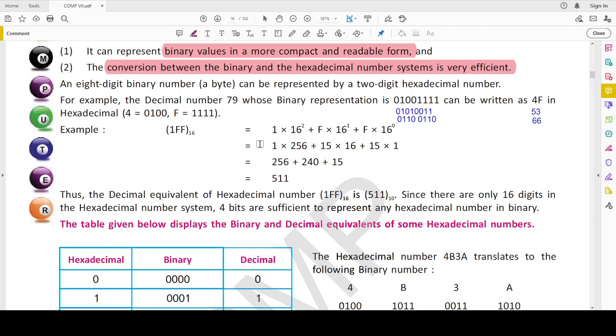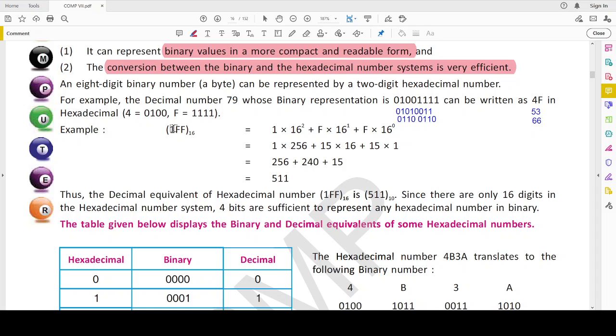Take 1FF, that is 1 into 16 to the power 2. You want to convert this into a decimal number. So how can you convert? Similarly, as you have converted for an octal number, each of the positions is a power of 16. This is 16 to the power 0, 16 to the power 1, 16 to the power 2.